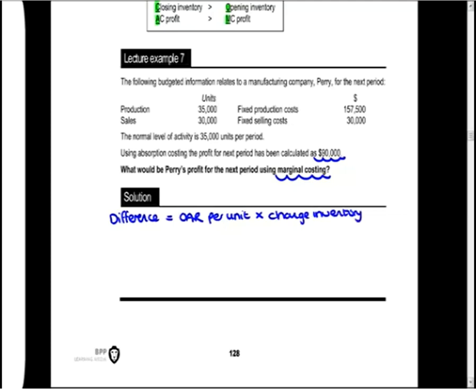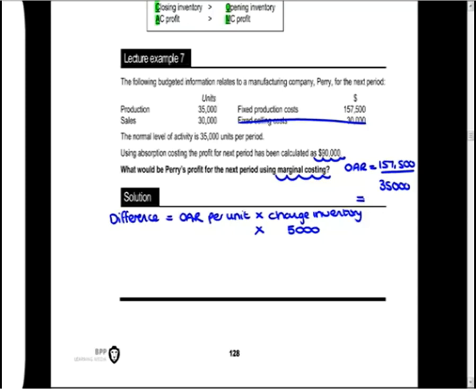Well, we produced 35,000 units and sold 30,000, so the change in inventory is 5,000, but we need to work out the overhead absorption rate per unit. The overhead absorption rate per unit is equal to the budgeted fixed production costs divided by the budgeted activity. So we're only concerned with the budgeted fixed production costs.